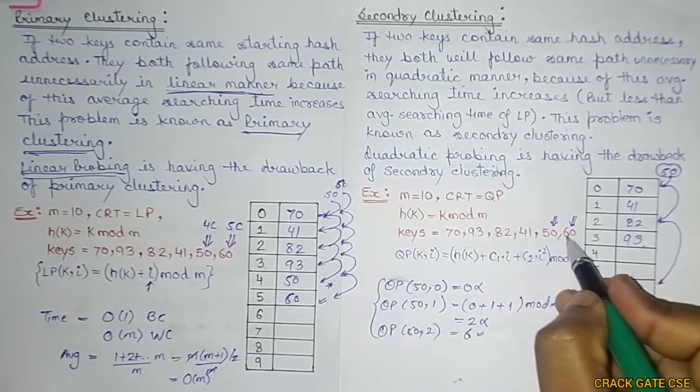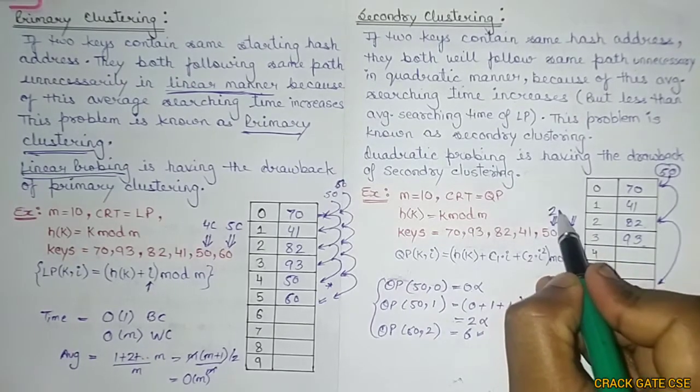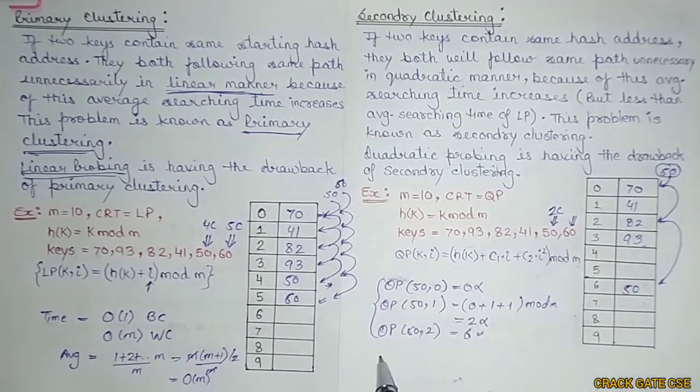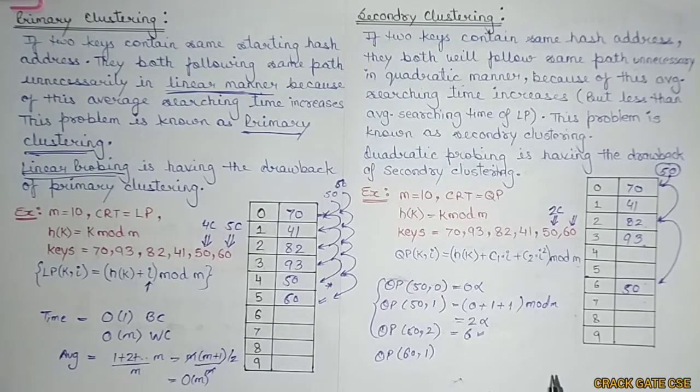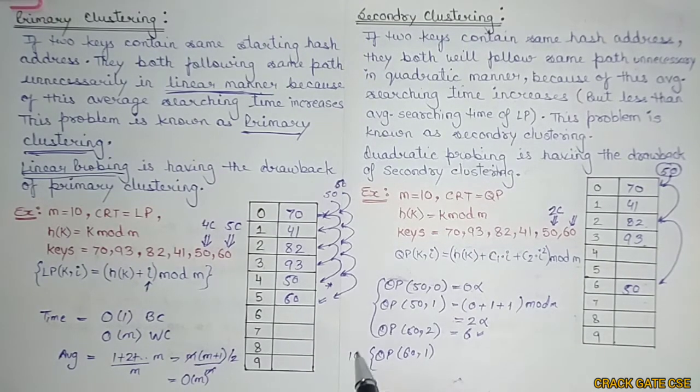Similarly, if I find out for 60, so how many collisions for 50? 2 collisions. So if you find out for 60 comma 1, and if you keep on finding for 60, you will not get any particular place where you can store this value, right? So the collisions will be 10. I am not going to solve it because you already know how to solve it.